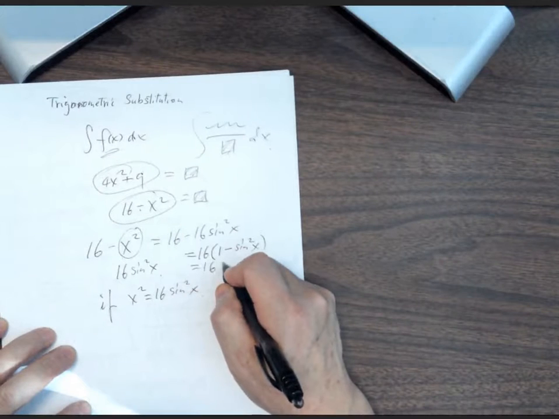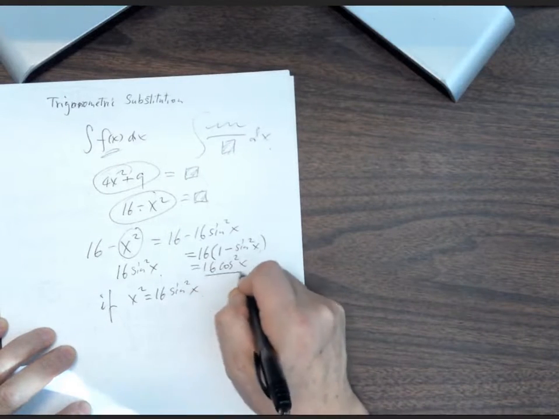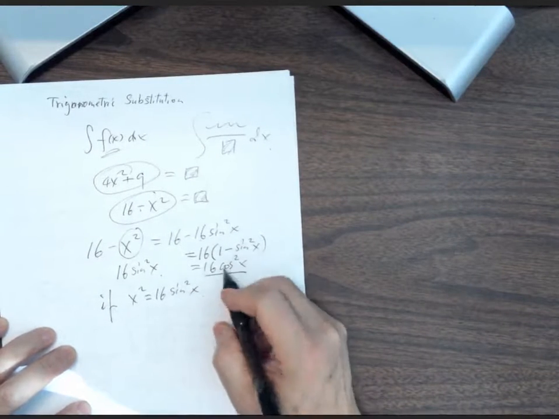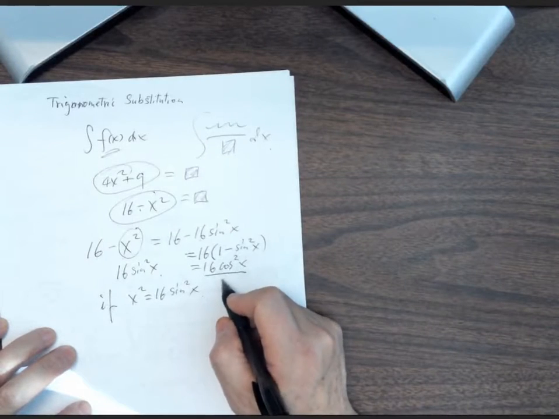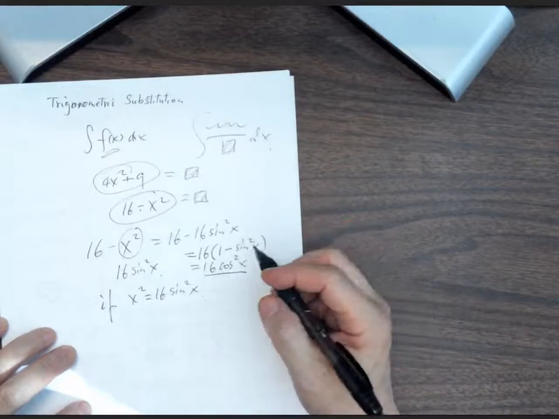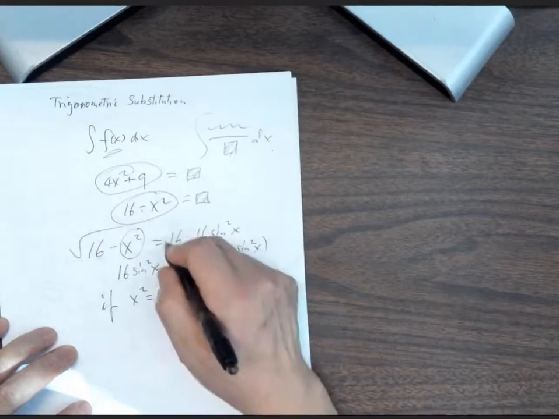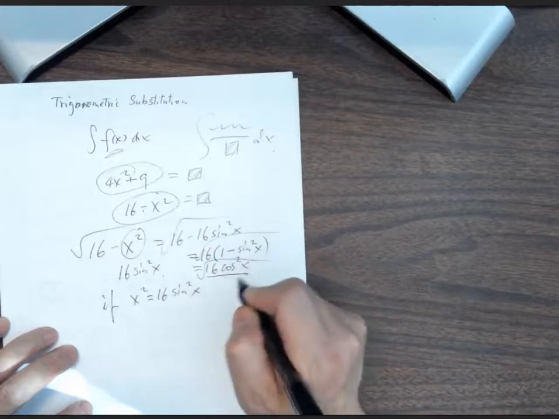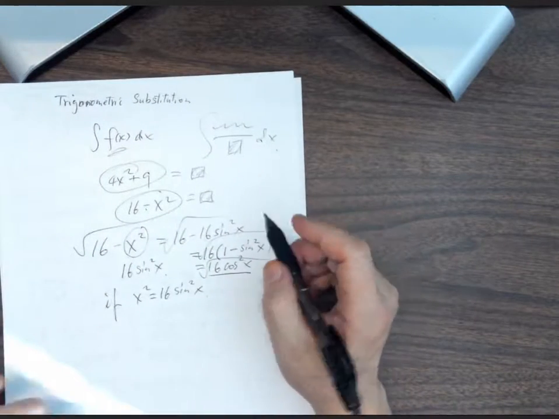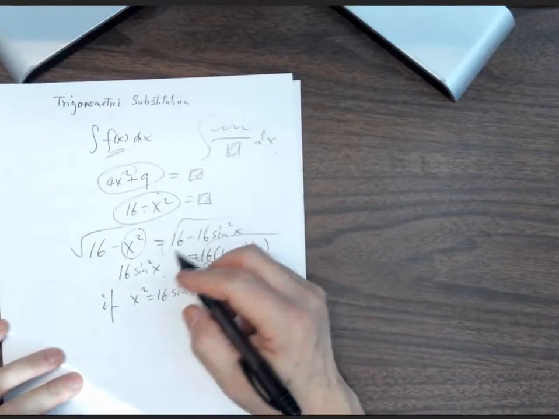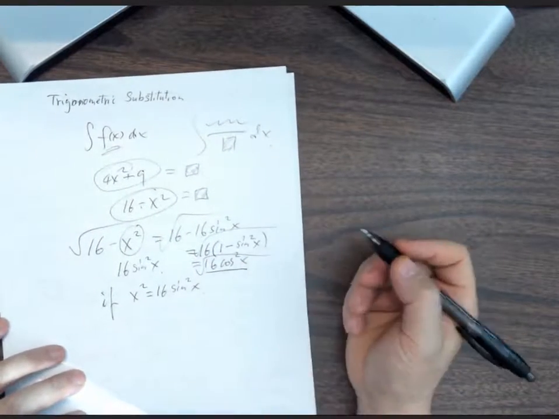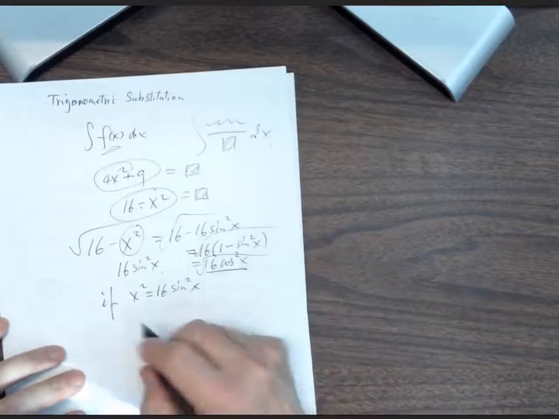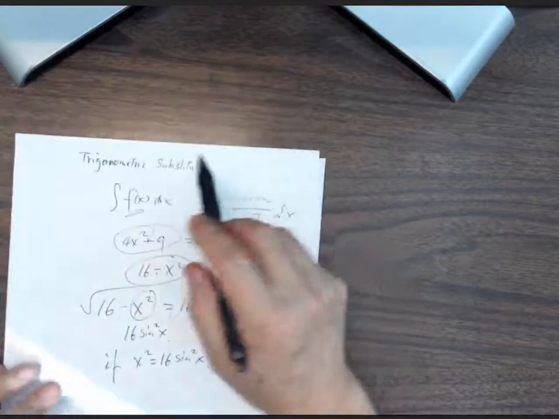So this way we get cosine squared, one term, and most of the time it's a square. We will be able to get rid of a square root if those two terms appear under a square root sign.